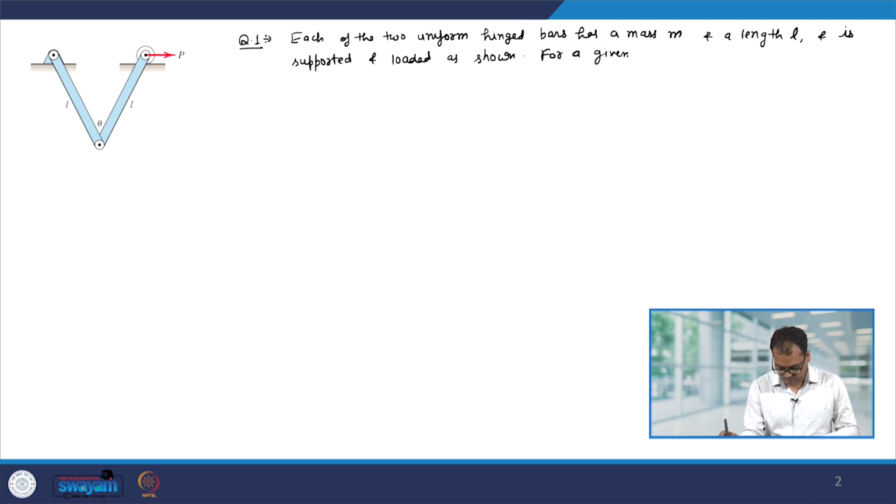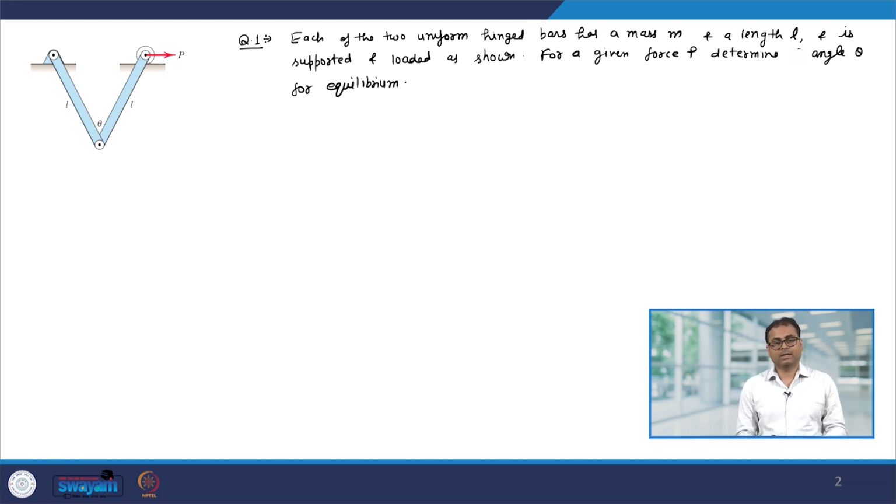For a given force P, determine the angle theta for equilibrium.